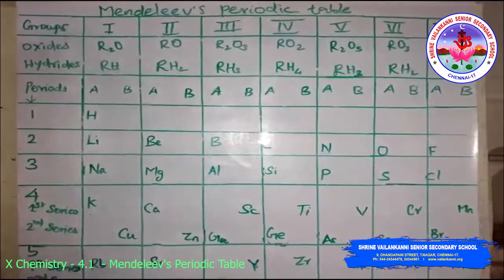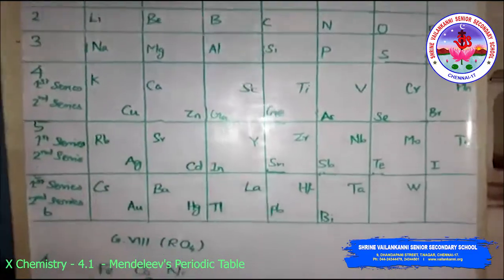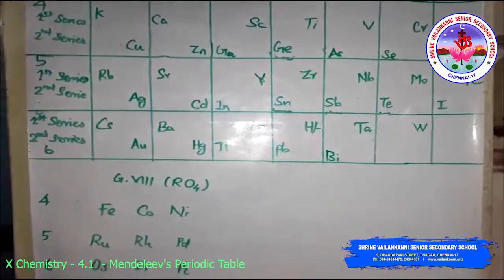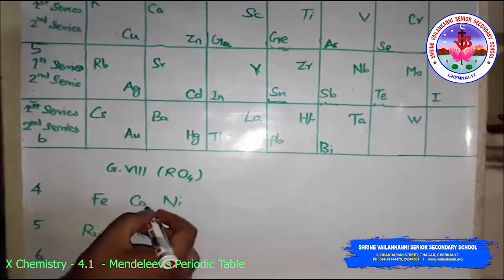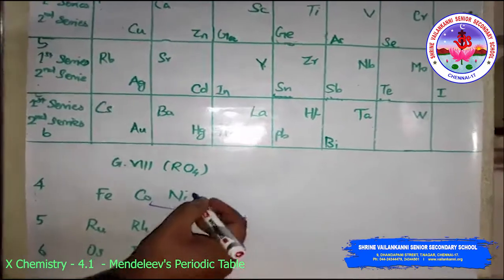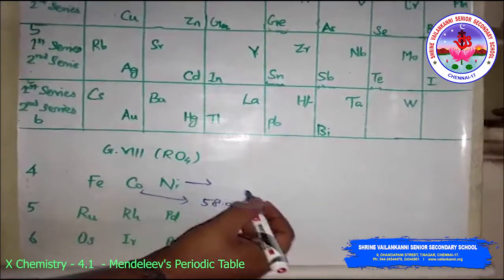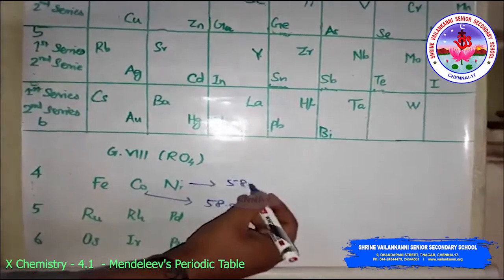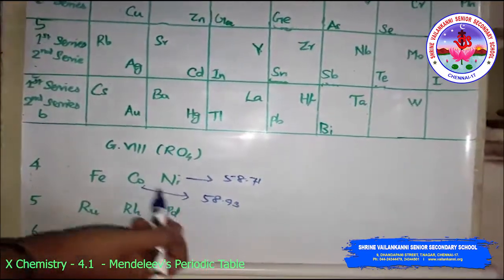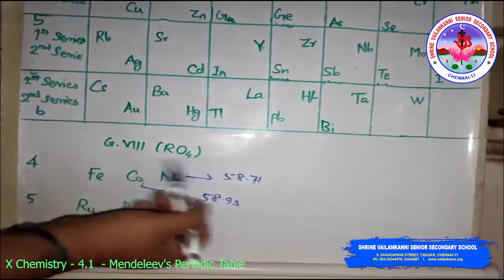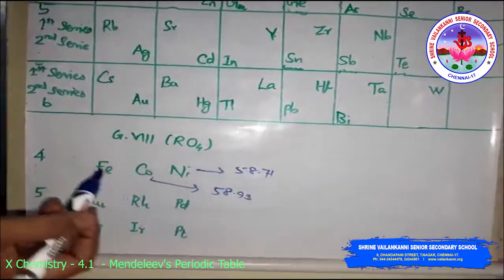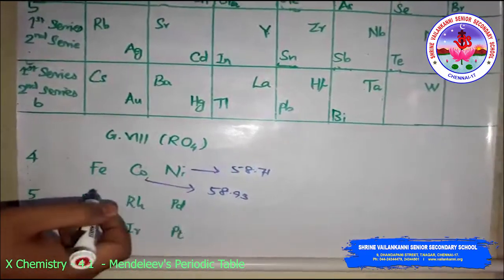For example, cobalt and nickel: the mass number is 58.93 for cobalt and 58.71 for nickel. But the higher atomic mass was placed before, and next is nickel at 58.71. The arrangement was like this.